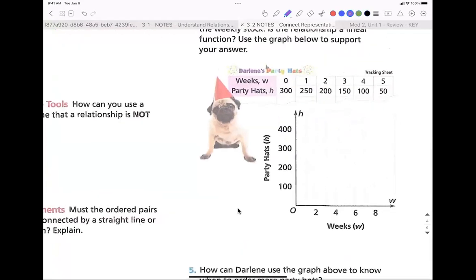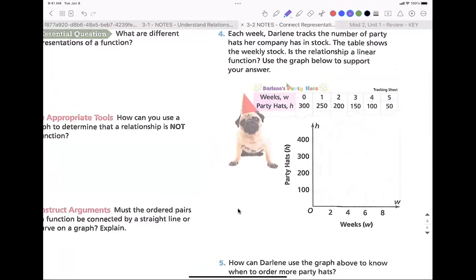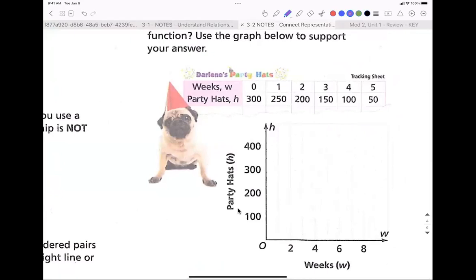It wants to know if this is linear or not. First of all, is it a function? That's one question you can always answer. Look at your X's, which they don't actually say X, but we know this top row is our X's. Any repeaters? No repeaters, so this is a function.